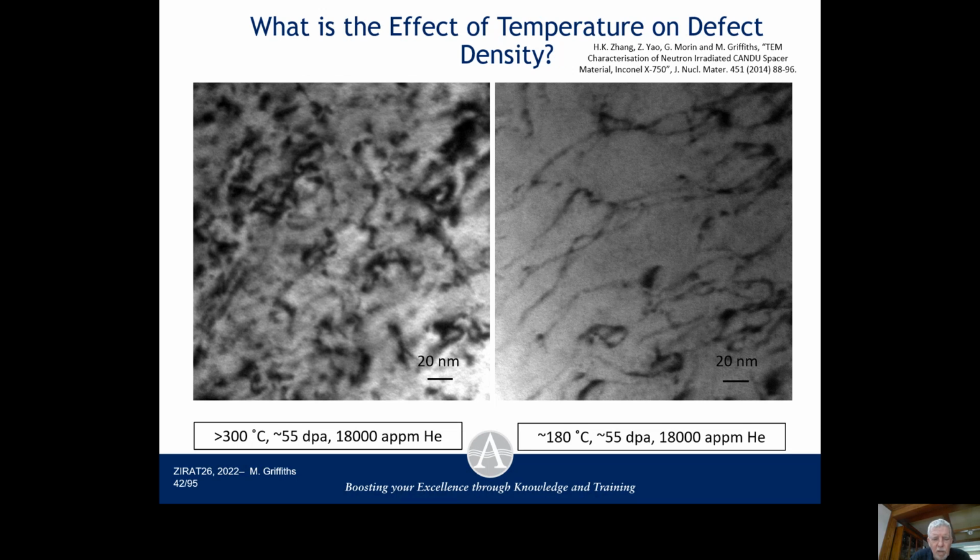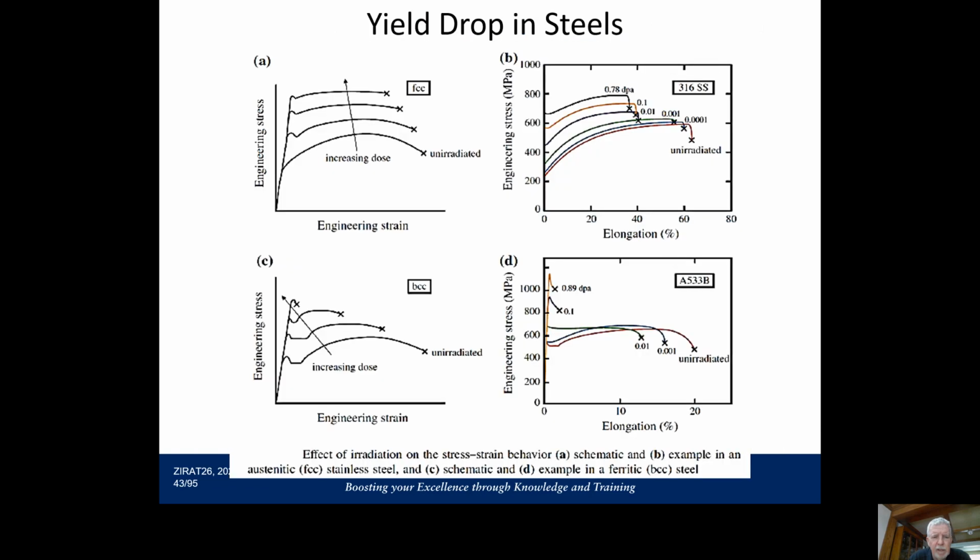You can get to a point where you have recombination dominating. If most of the displaced atoms are recombining with the vacancies, you have nothing left to create damage. So at one temperature you do get cluster formation and hardening, and if you're at a low enough temperature, you get healing, with recombination dominating, and therefore there's little effect.